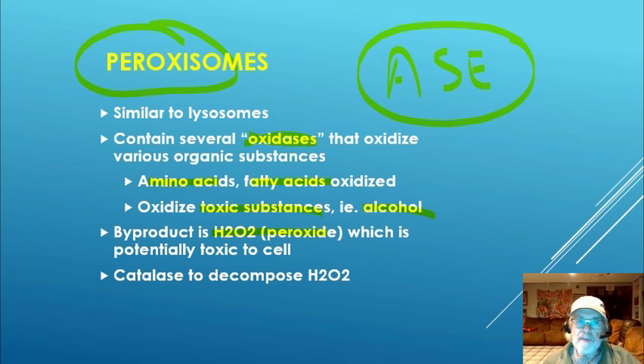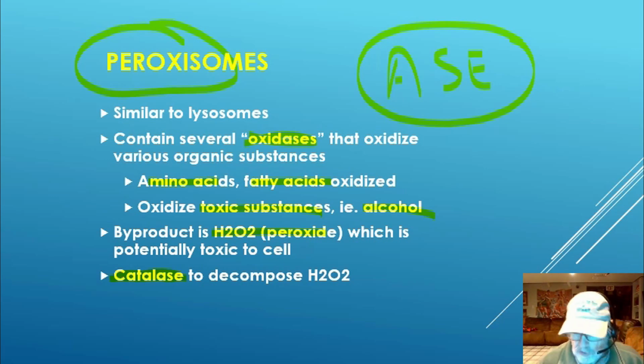So here's what the cells do to make sure that the hydrogen peroxide produced as a byproduct of the peroxisomes doesn't cause a problem. There's also an enzyme there called catalase. Catalase decomposes the H2O2, which is peroxide, okay?